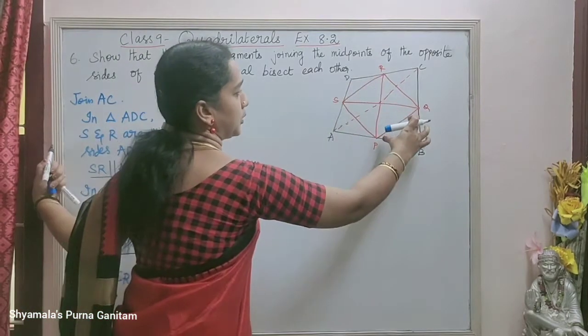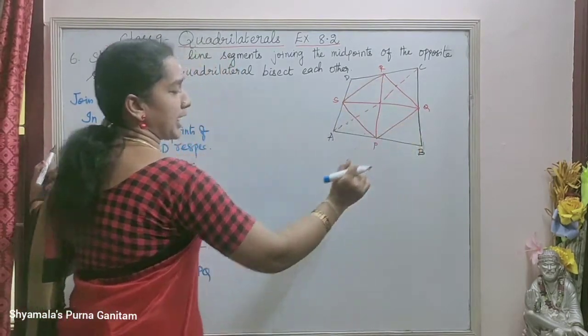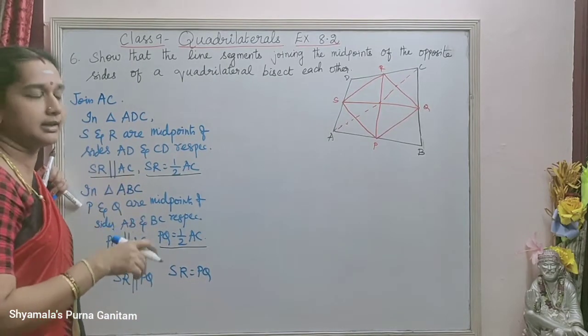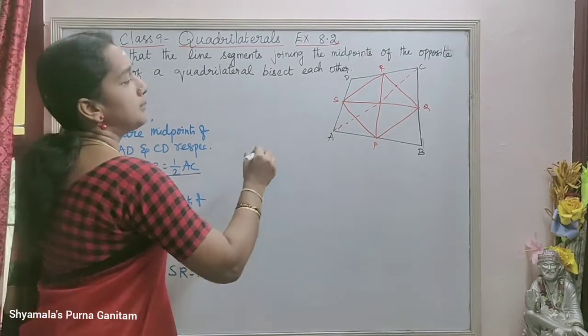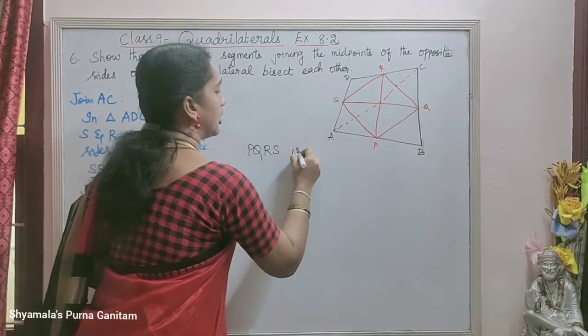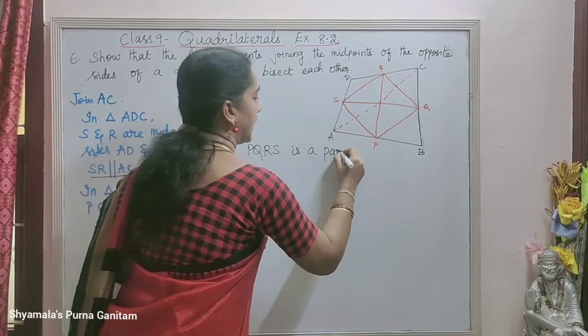So SR is equal to PQ and SR is parallel to PQ. One pair of opposite sides are parallel and equal, so PQRS is a parallelogram.